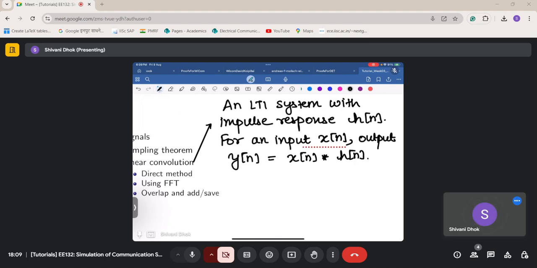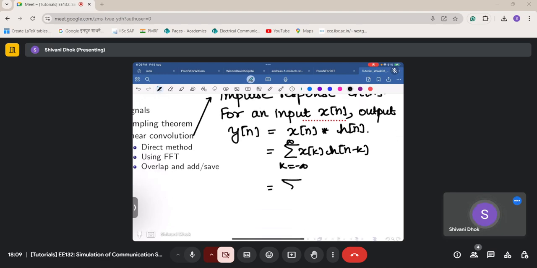And this can be written as summation k running from minus infinity to infinity x of k h of n minus k, or it can also be written as summation k running from minus infinity to infinity x of n minus k into h of k. Both will give me same answers.